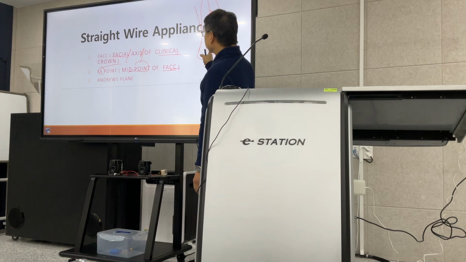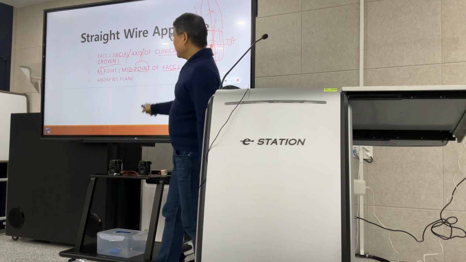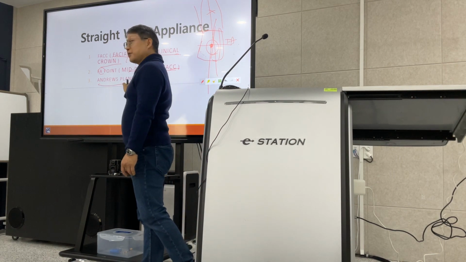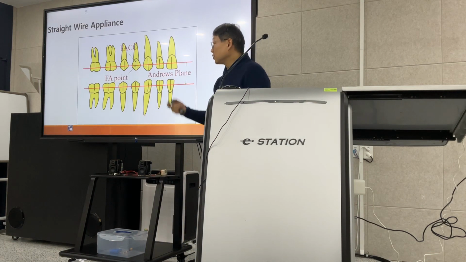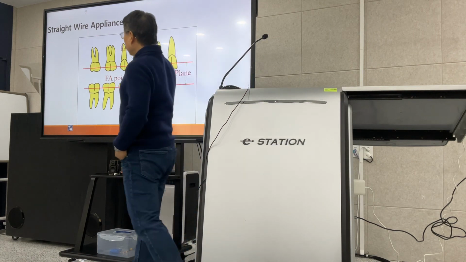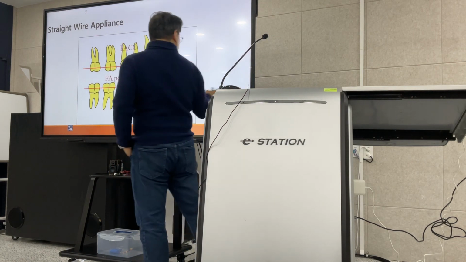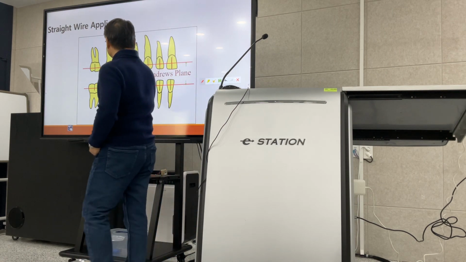What is that? Here, right? Here is the FA point. And lastly, he makes the concept of Andrews' plane. I will show you later, so you have to remember it. Then all teeth are around here. This is the facial axis, right? He made the facial axis right there.